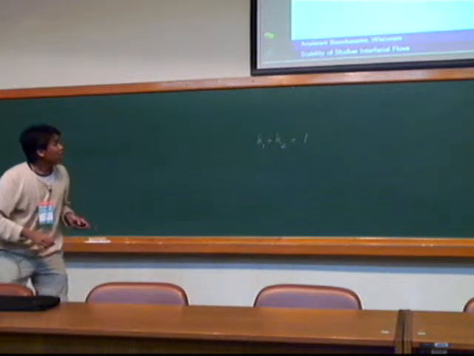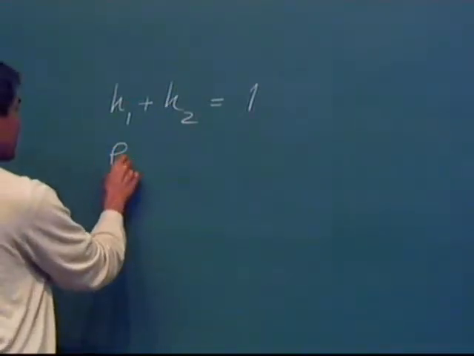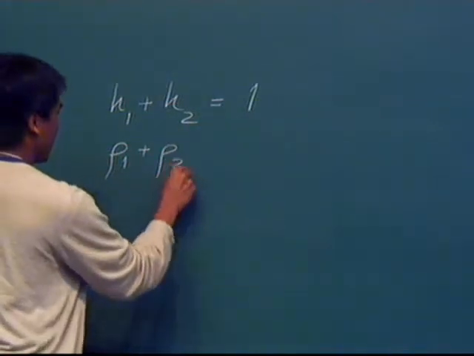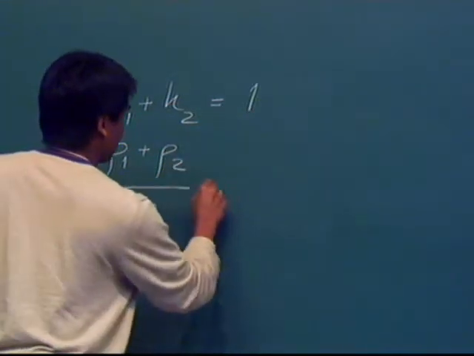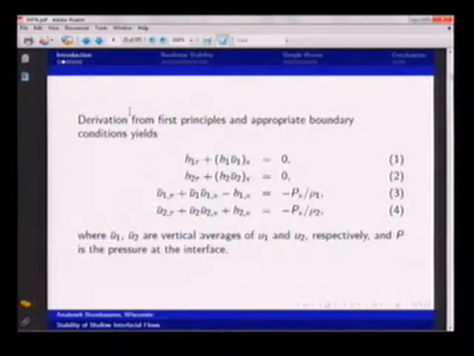Rho 1 and rho 2 have also been non-dimensionalized in such a way that their mean is equal to 1. So, 5 equations in 5 unknowns, but we want to work with fewer equations and fewer unknowns. So what are we going to do about this?